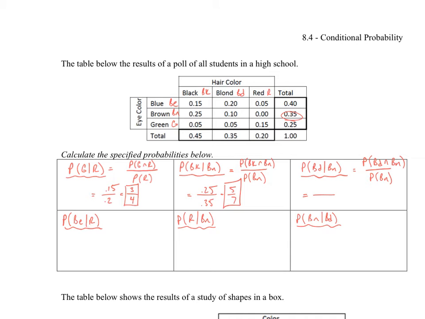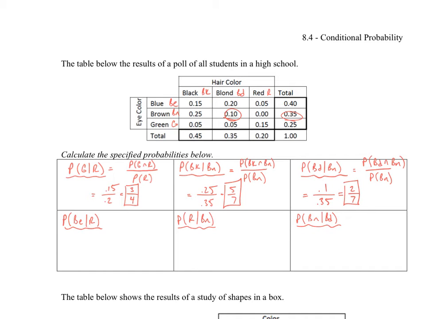But we're still sticking with that 0.35 as our denominator because 0.35 of this group has brown eyes. And of those brown-eyed people, how many of them are also blonde? 0.1. So we've got 0.1 out of 0.35, which reduces to 2/7 as a fraction.